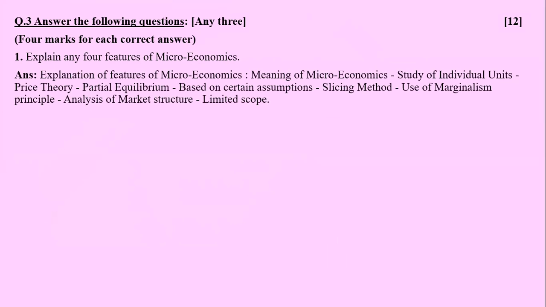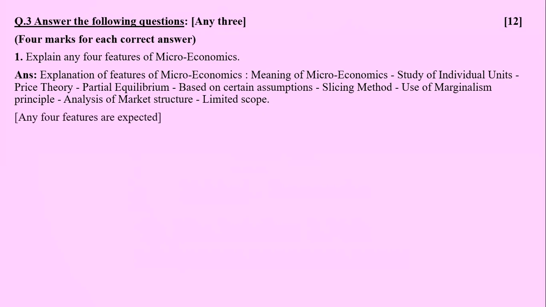Now, see the points of the answer. Explanation of features of microeconomics: meaning of microeconomics, study of individual units, price theory, partial equilibrium, based on certain assumptions, slicing method, use of marginalism principle, analysis of market structure, and limited scope.